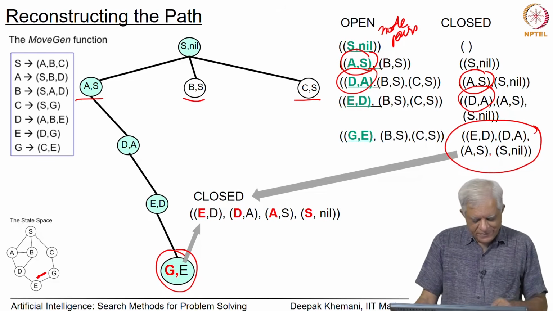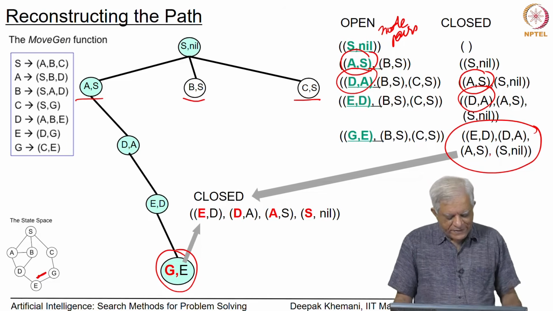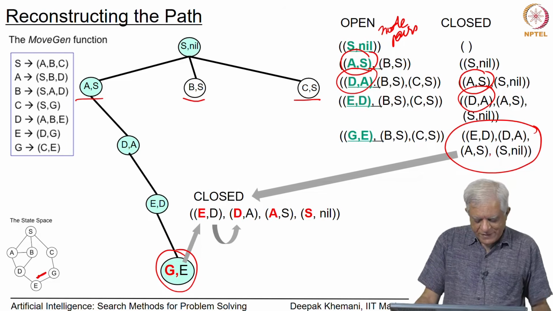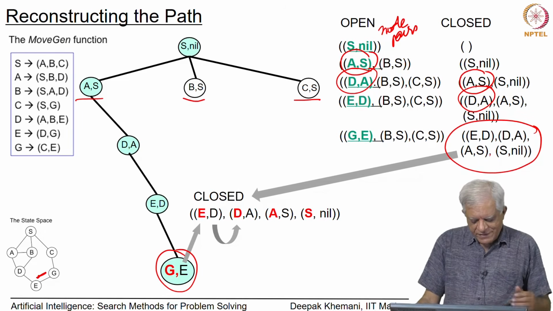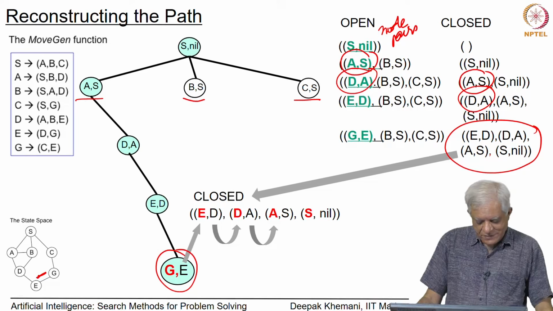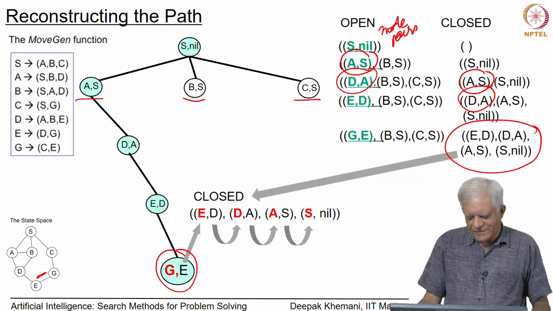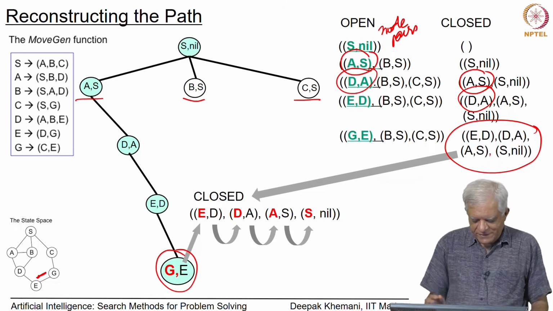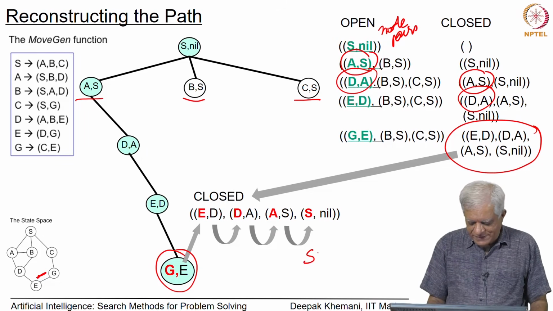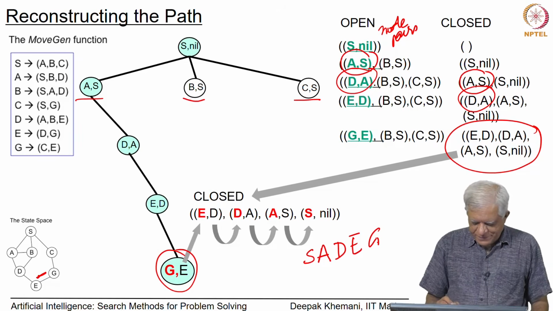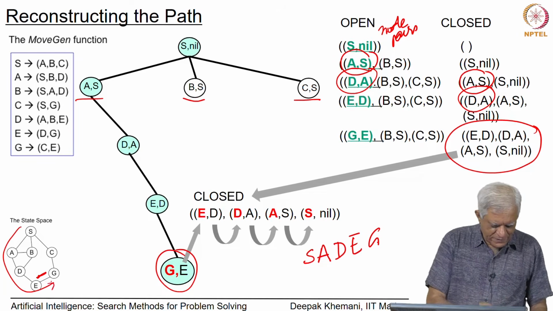We know that the parent of G is E. So, in the closed list, we look for the node where E is the current node, and from there we know that the parent of E was D. Then we look for the parent of D, which is A, and then we look for the parent of A, which is S, and then we see that S does not have a parent. So, we have our path here. As you can see, this is the reverse of the path, and then we can simply copy it from here: S, A, D, E, G, and that is the path that our algorithm has found.